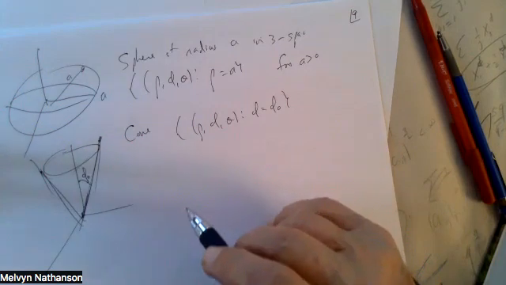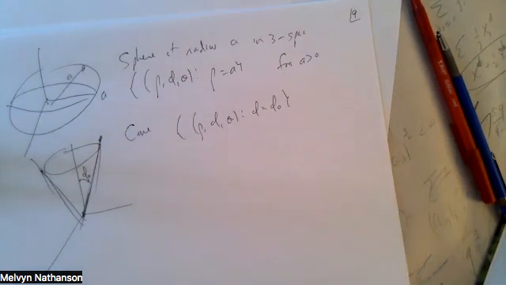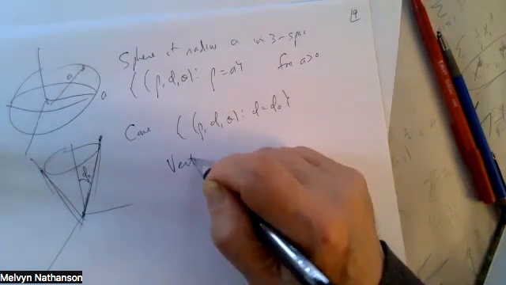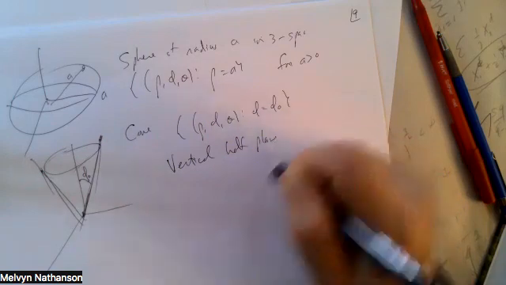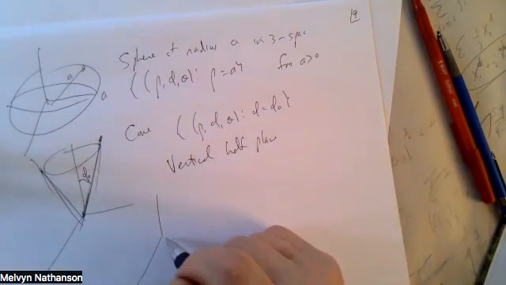What about a vertical half plane? So a vertical half plane looks like this.